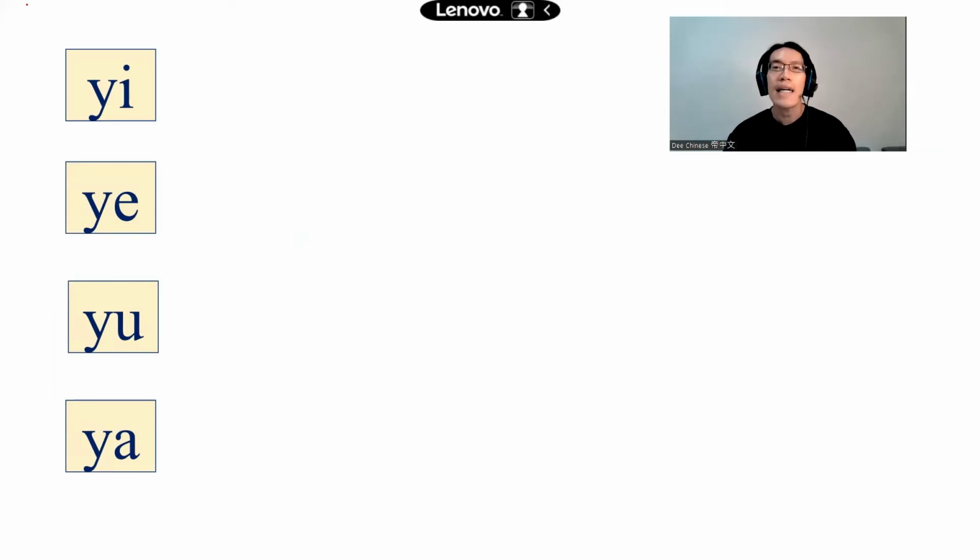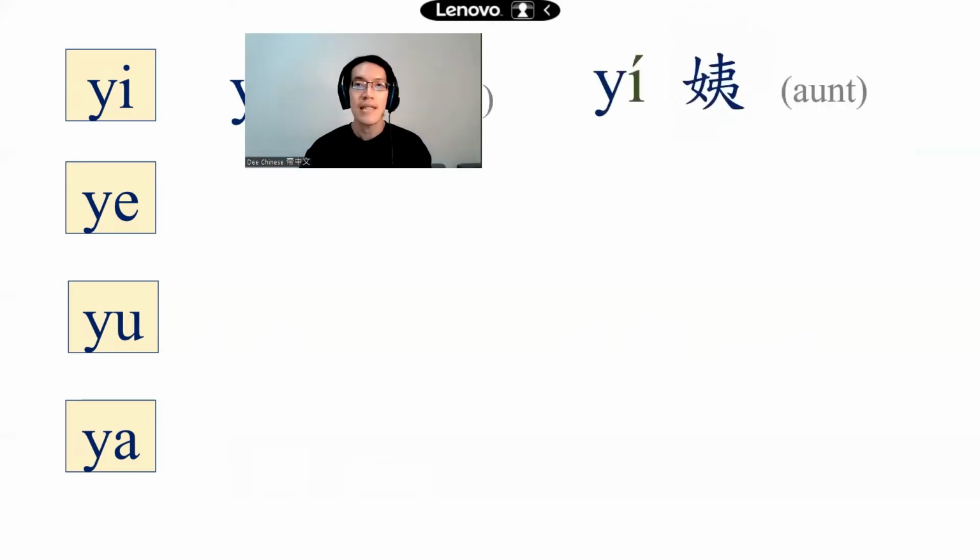Remember, the y and the w are very special initial sounds in 汉语拼音. The first one is 一. 一 means one. And the next one, 姨. 姨 means aunt.